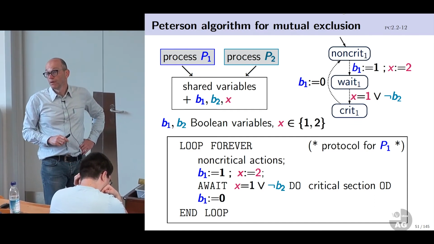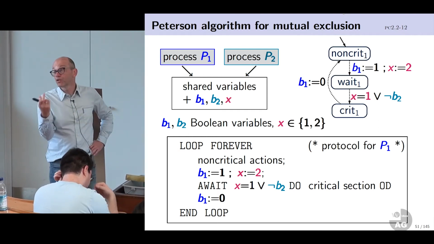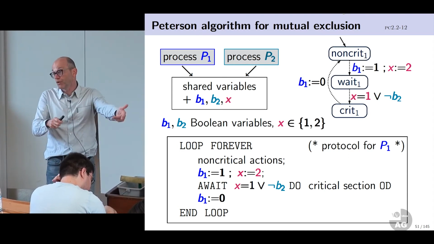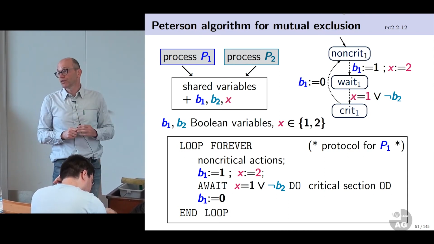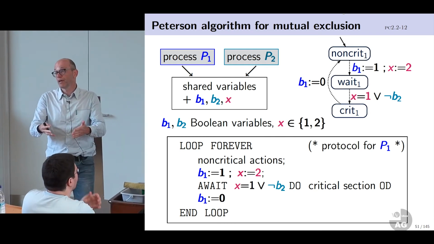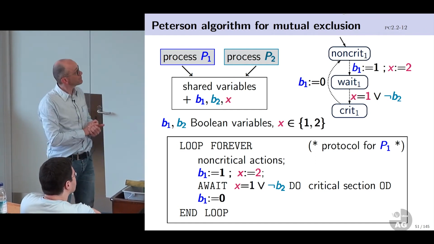Notice that I deliberately did not have any in-between location. I do not first do b1 to 1, then move to a location, and then do the assignment of 2 to x. No, I do both assignments by evolving from location non-crit 1 to wait 1.